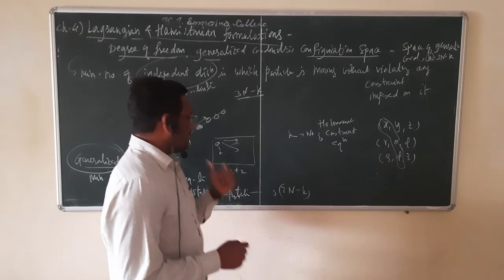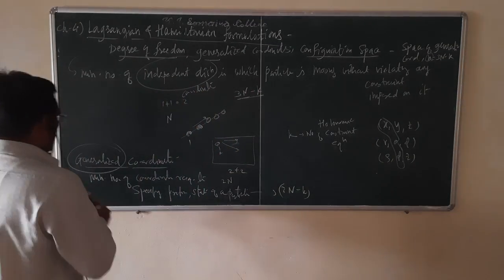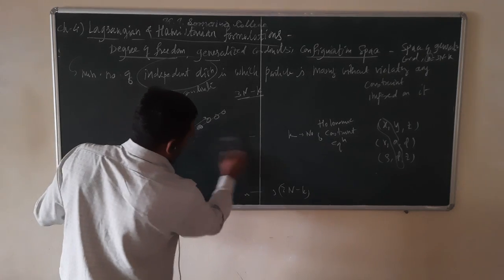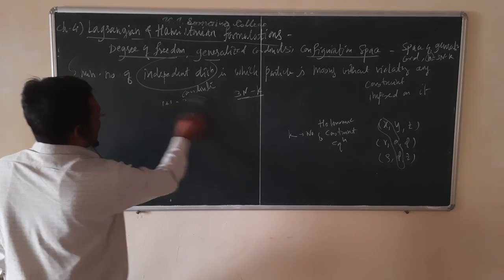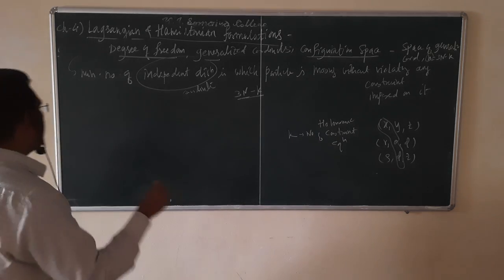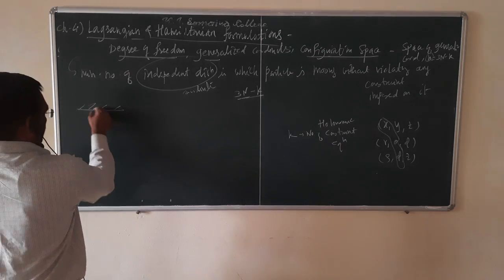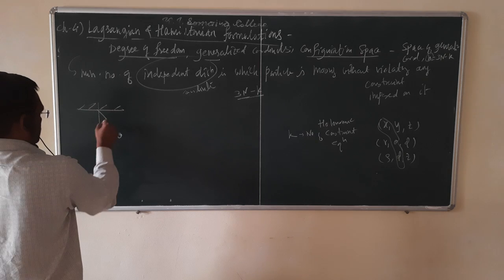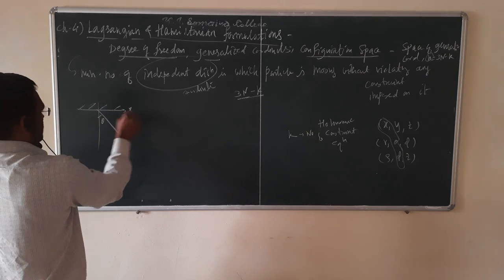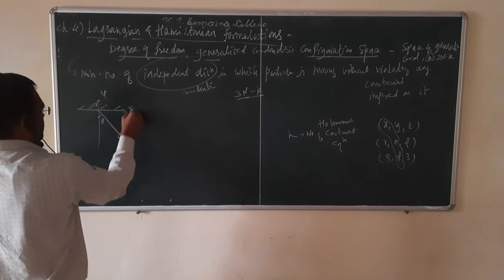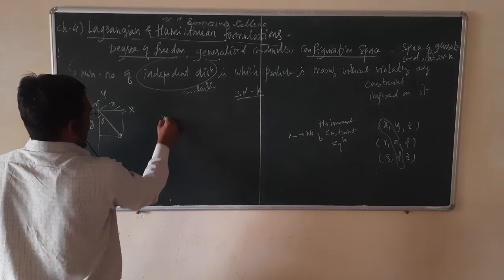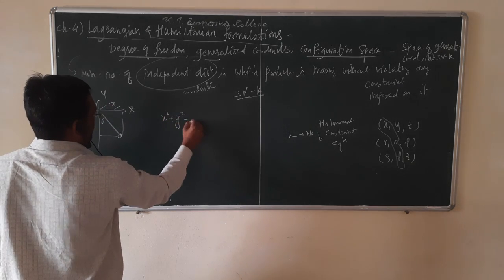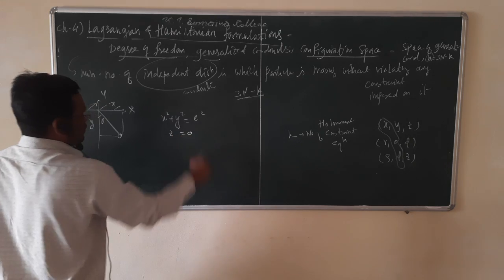Now the simple pendulum is a very important system to study, because it represents simple harmonic motion. So for the simple pendulum, suppose this is theta, this is the x axis and this is the y axis. Our constraint equations are x square plus y square is equal to L square, z is equal to 0.